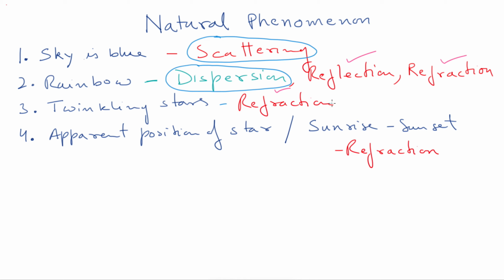And what is the chapter called? Human eye and the colorful world. So this colorful world thing, we'll start picking the easiest ones and then go forward. So first one is dispersion.